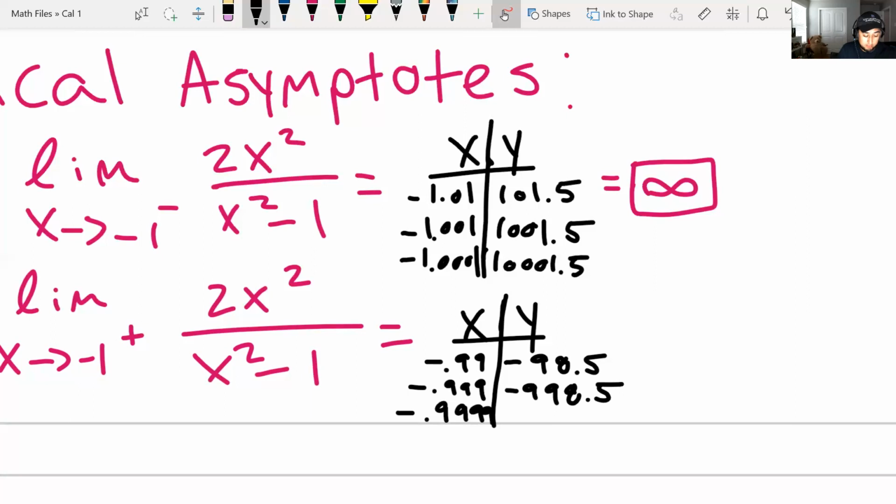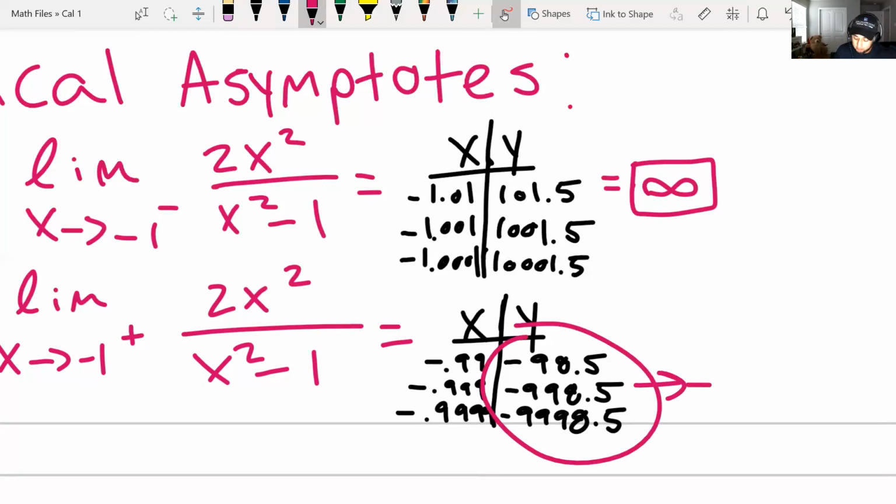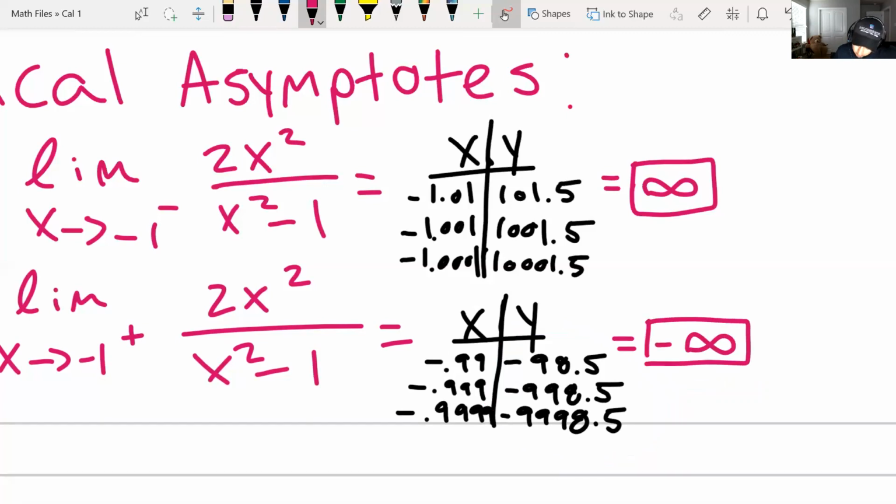And then -0.9999 gives me -9,998.5. So from those values, I can see that these are headed towards -infinity. Therefore, from my XY chart, we are headed towards -infinity.